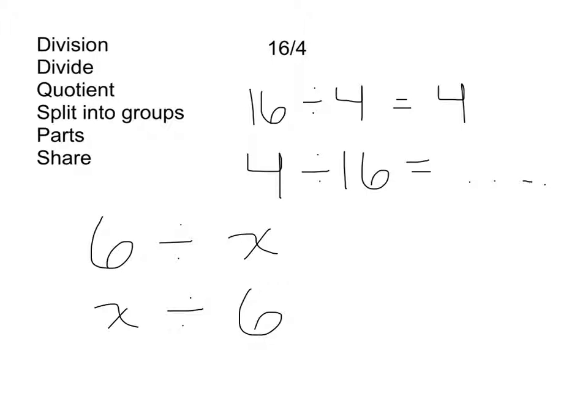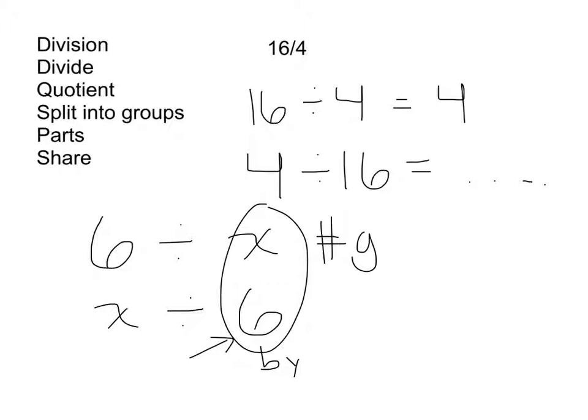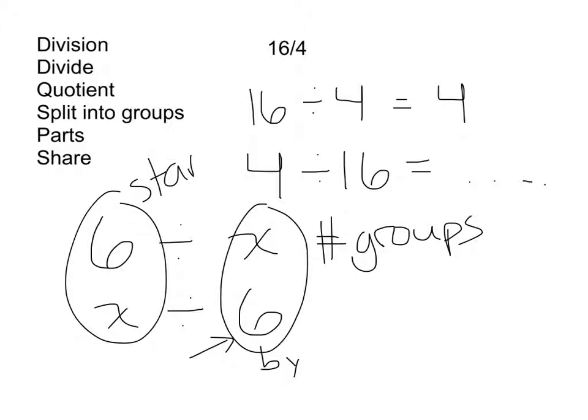When it's divided by, that's the by part. That's how many groups you're making. This is the number of groups. This is what you start with. Up until now in your life, what you started with has always been the bigger number.